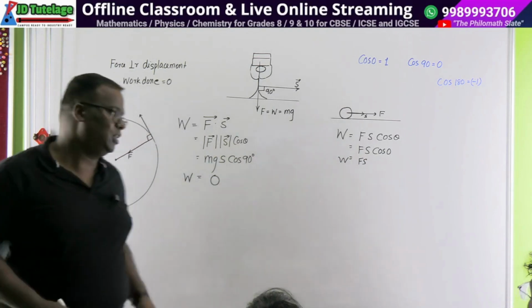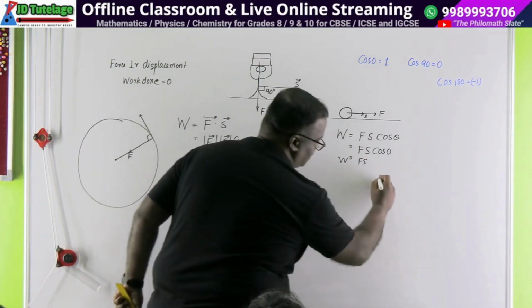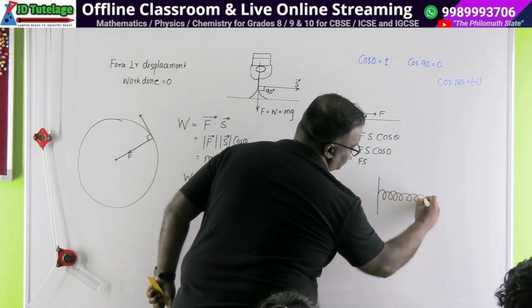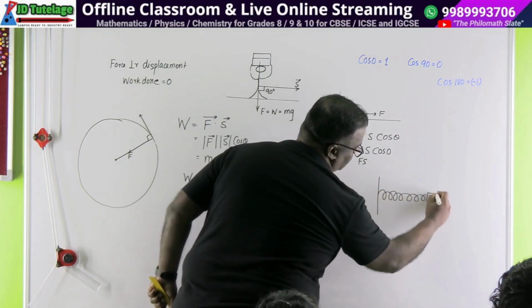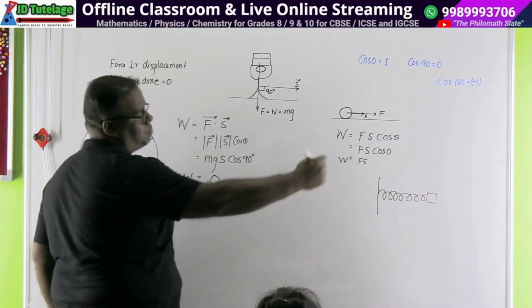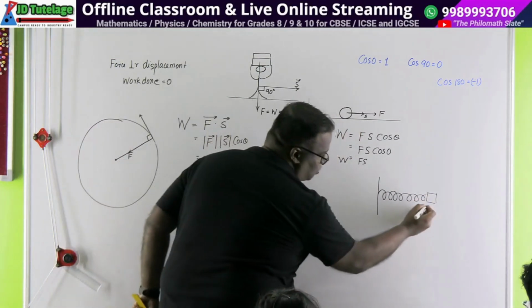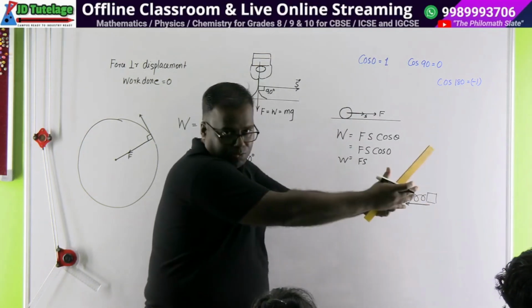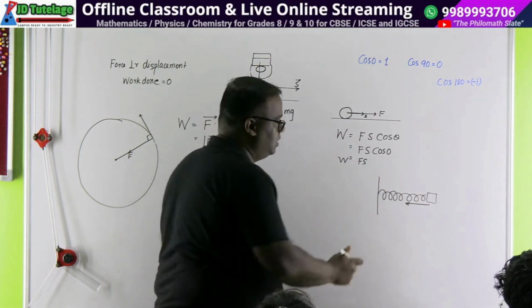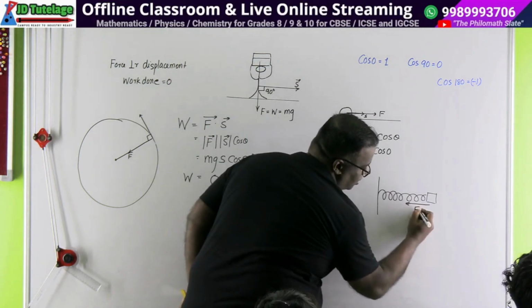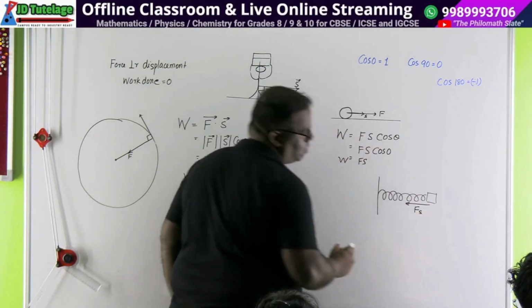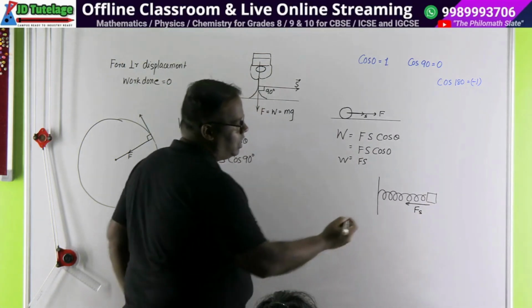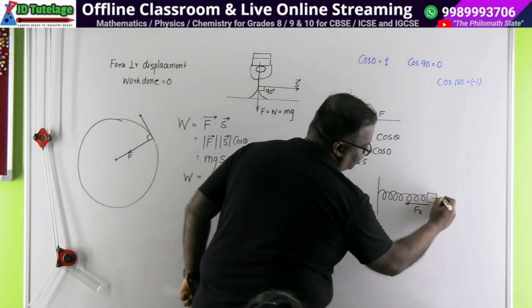Now let's see another one. A spring, and you have stretched the spring. Right now it is in stretch mode. Don't you think the spring is trying to recoil back? When you stretch a spring, the spring is trying to recoil back. So this is the spring force Fs. Which side is it working? On this side. And which side are you giving your displacement?